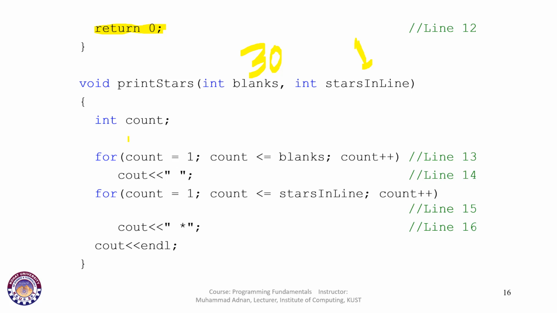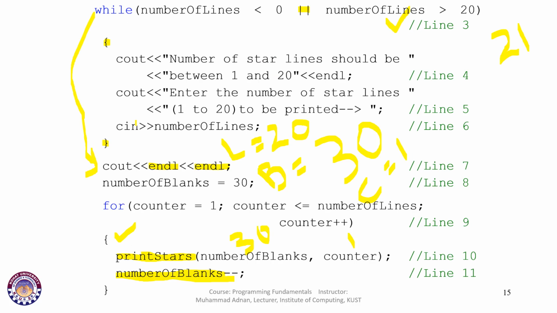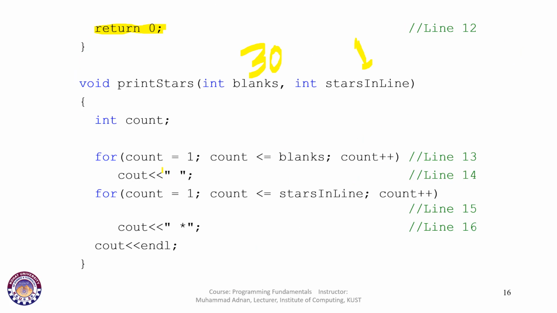Once again, we declared a local count variable. Remember, this count variable is invisible to the rest of the program. Similarly, blanks and starLines are all local variables. Their visibility is only local to this printStar function.